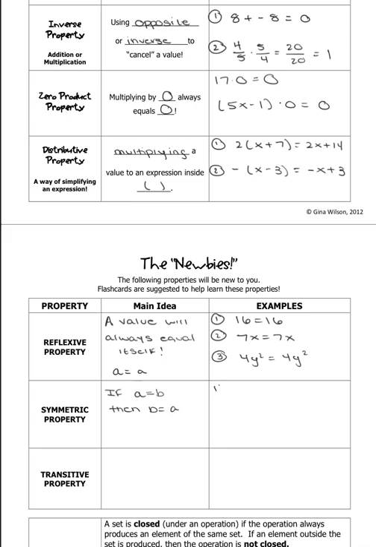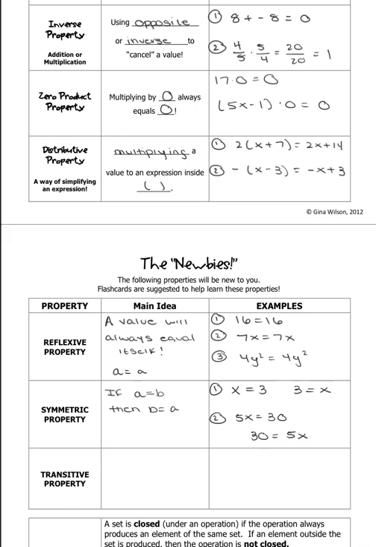If you move your variable to the left and get x equals 3, but then you move your variable to the right and get 3 equals x, those are the same. And if we had 5x is equal to 30, we know that 30 is equal to 5x. That's the symmetric property.